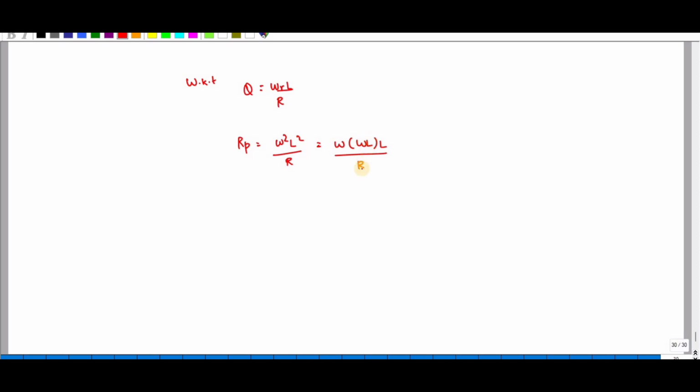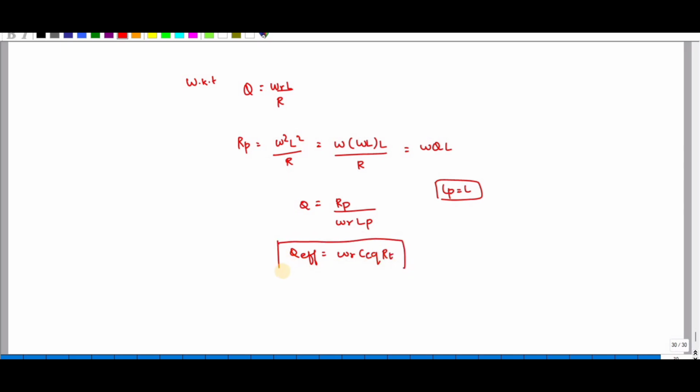So Q, omega L divided by R, I can write as omega Q L. Therefore I can write Q is equal to Rp divided by omega Lp, because the Lp and the L values are the same. So this Q effective, in other words, I can write as omega RT C equivalent, I can write it like this also.